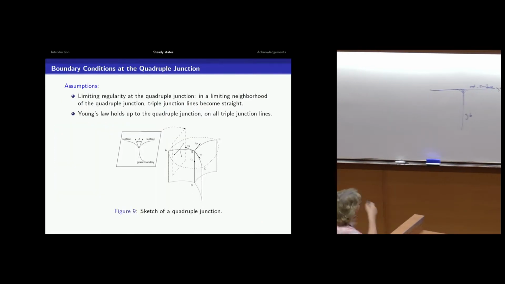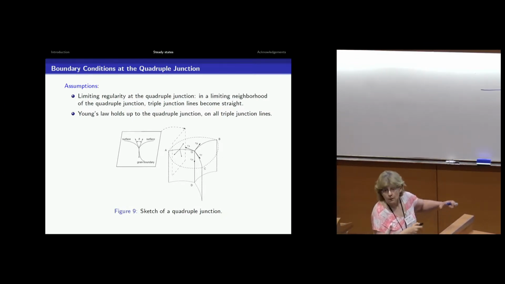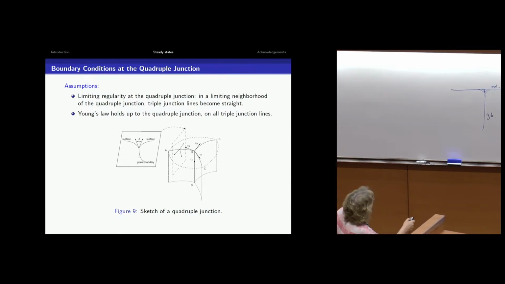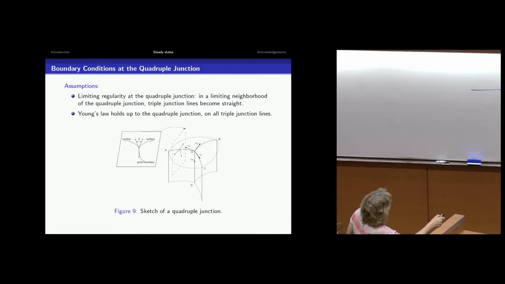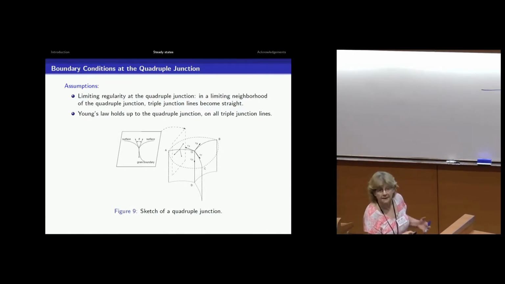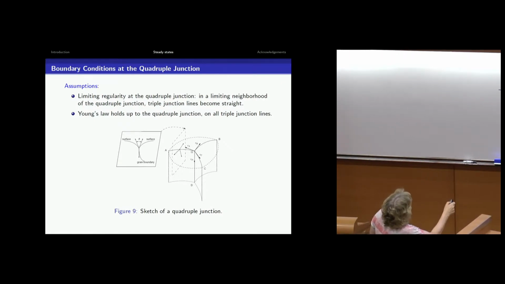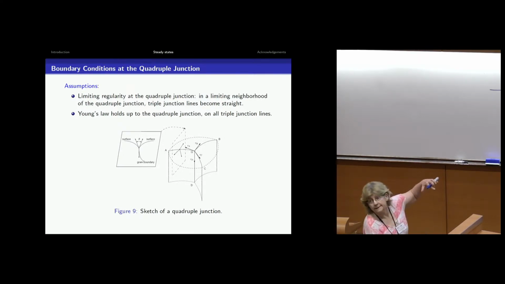And then when you get down to looking at the quadruple junction, where all the grain boundaries, all the grooves meet, then one has to see what's going to happen at this point here where the grooves come together. Basically, if one wants to think what should be happening there, one way to do that is to think that if everything is smooth, then one should have the limiting regularity at the triple junction as if the triple junction lines were coming in, in the limit, as straight.